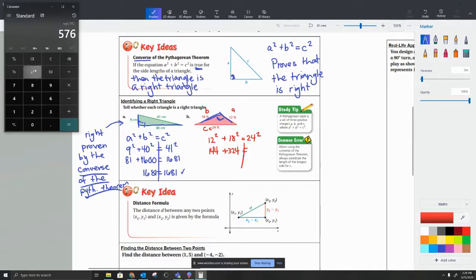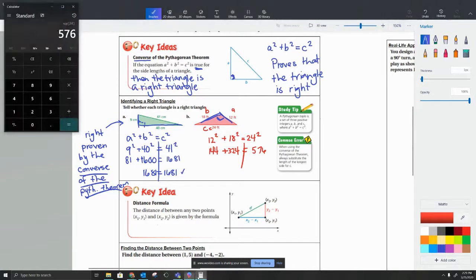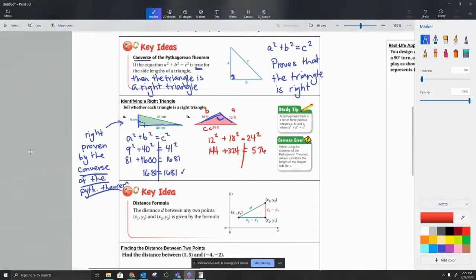Okay, so 24 squared, 576. Okay, so 144 plus 324 equals 468. So this side of the equation equals 468, but this side equals 576. So these two sides are not equal. Therefore, this is not a right triangle.